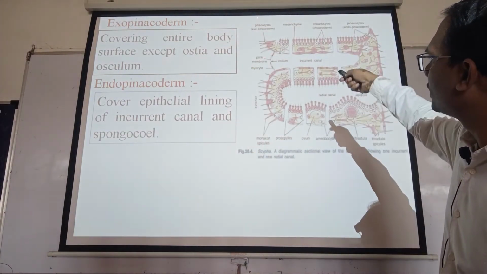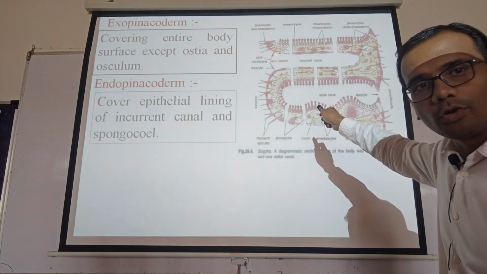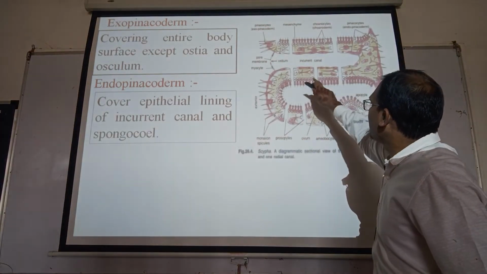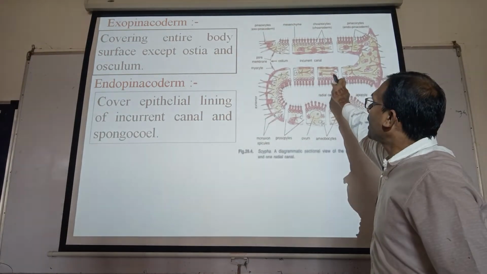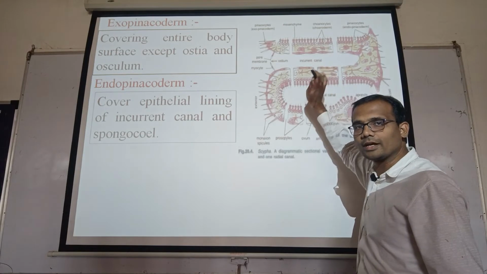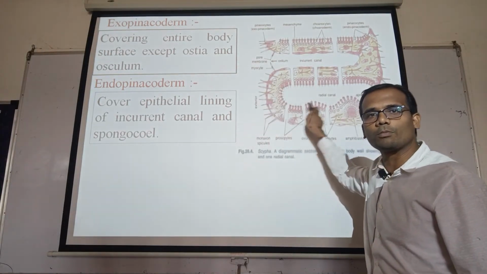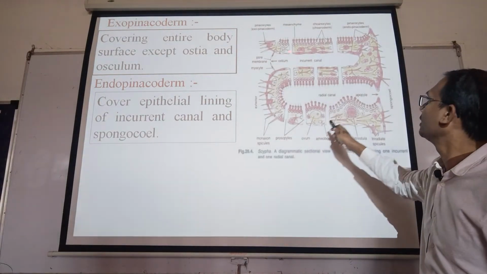The body wall is straight, but when it becomes folded, the infolding of the body wall forms a canal called the incurrent canal, and the outfolding of the body wall forms a canal called the radial canal.